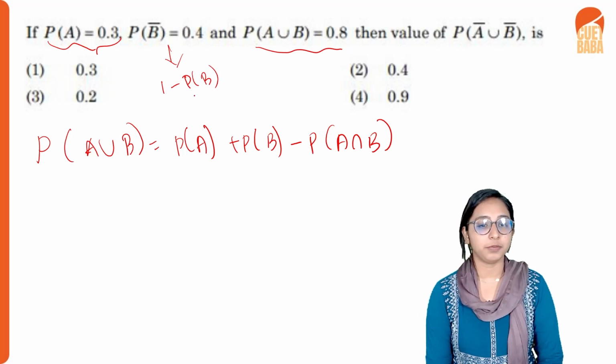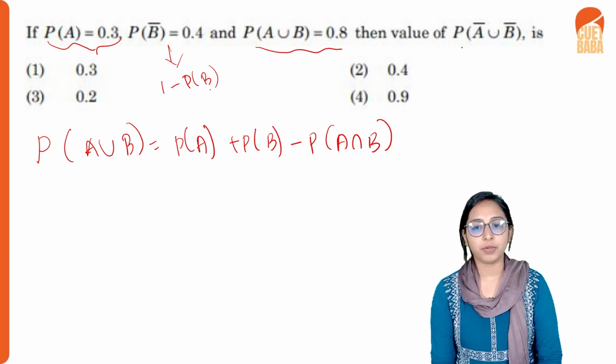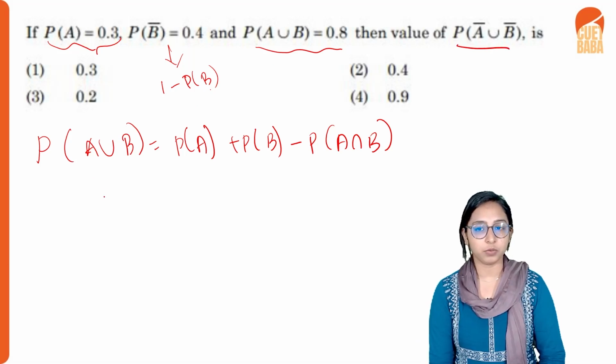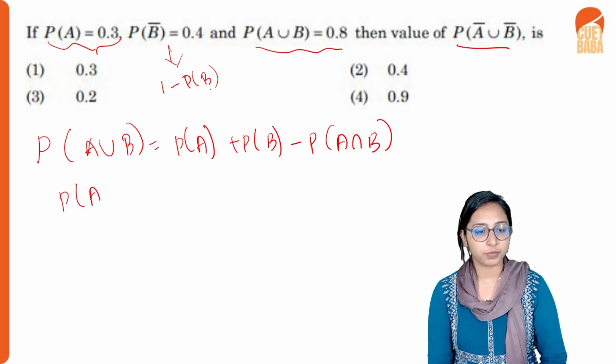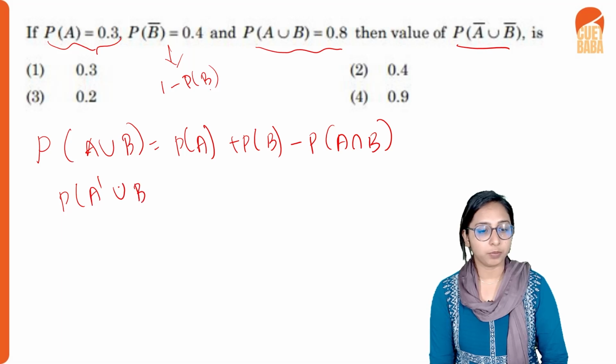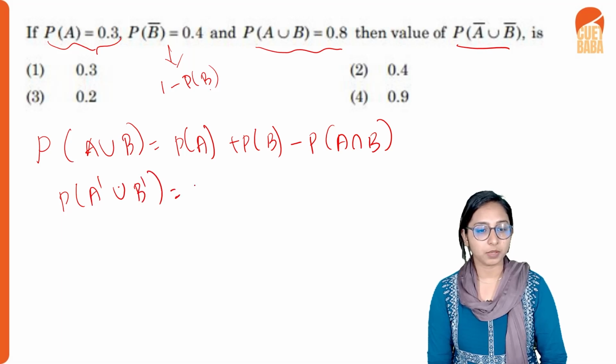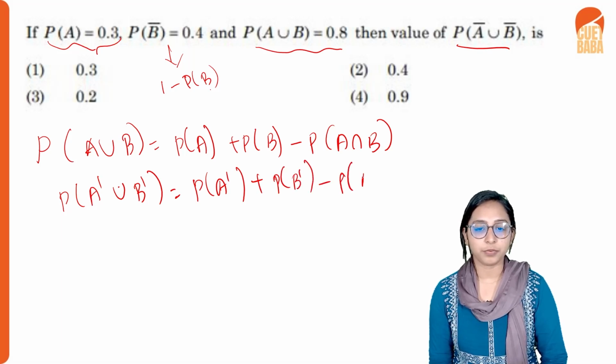So from this equation we can find P of B, and to find this value we have to find P of A complement union B complement, which is P of A complement plus P of B complement minus P of A complement intersection B complement.